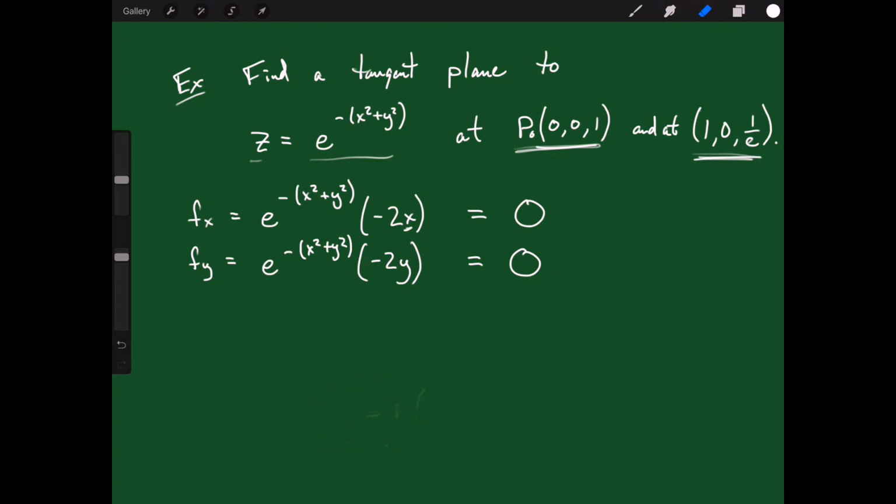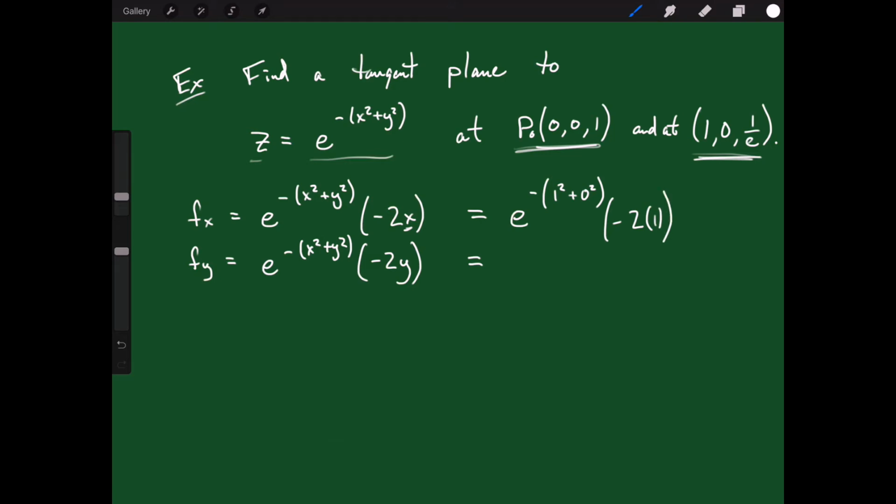This isn't 0 anymore, this isn't 0 anymore. What would they be? So if x is 1, then I get e to the negative 1 squared, which is 1, plus 0 squared, times negative 2 times 1.